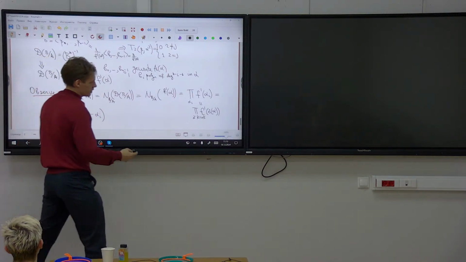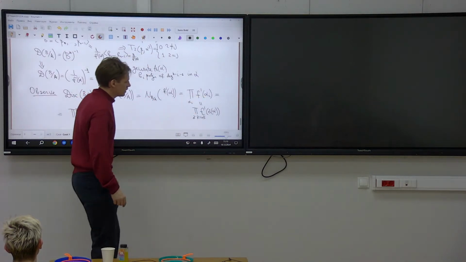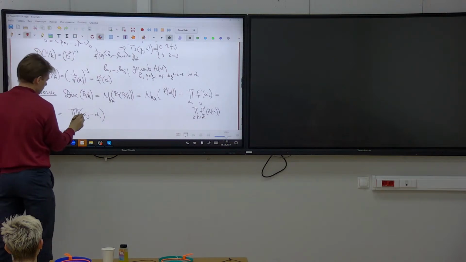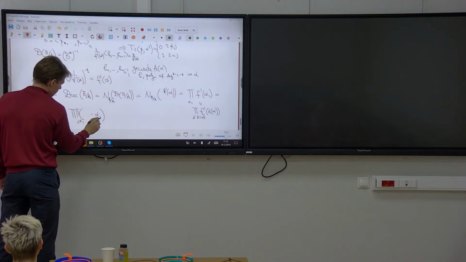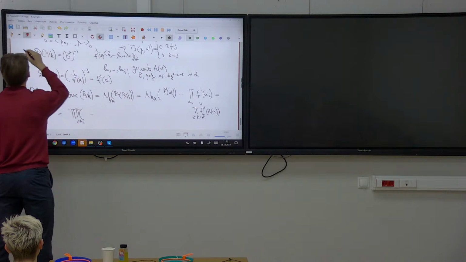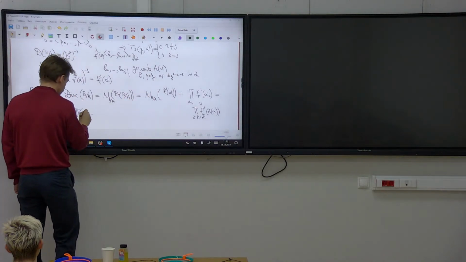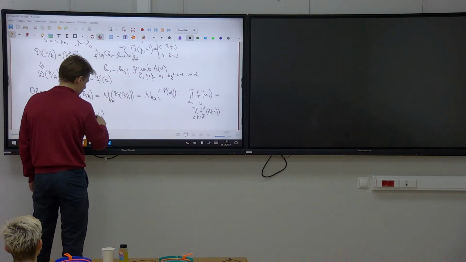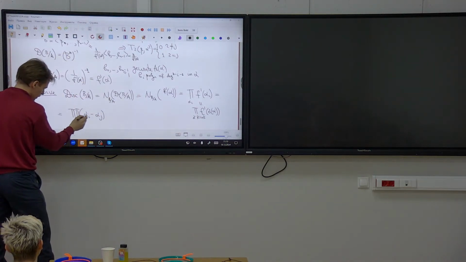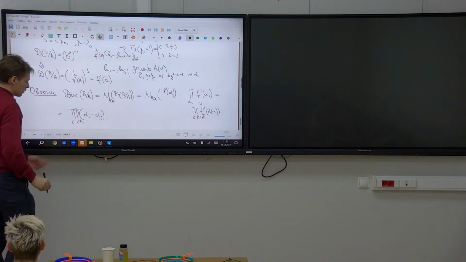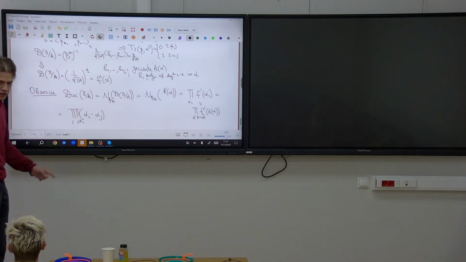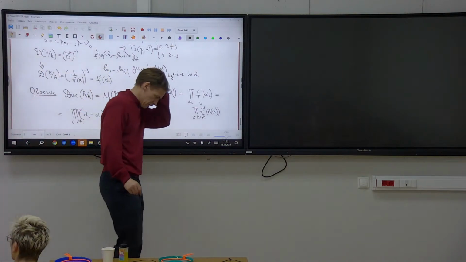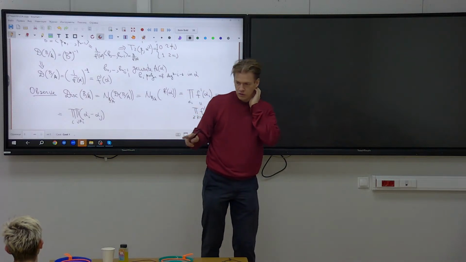So you take all alpha_i, and inside you have alpha_i minus the roots of f, which is alpha_i minus alpha_j, and the product is taken over all alpha_i. So this means you take into account each root twice.